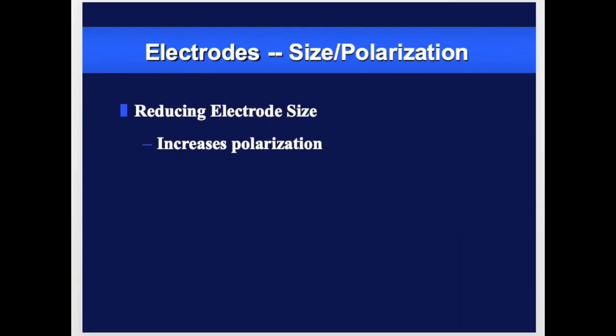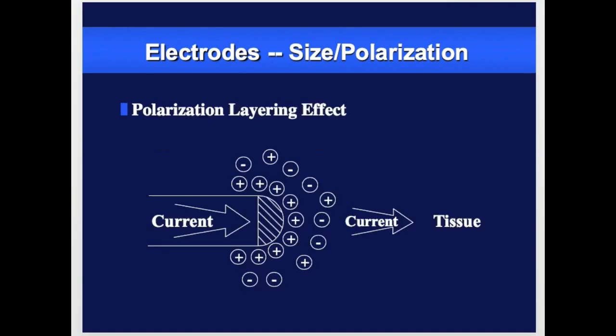Unfortunately, simply reducing the electrode size is not the final answer. Decreased size will also increase polarization at the electrode tip due to smaller surface area. When electrical current flows, the tip electrode attracts positively charged ions.